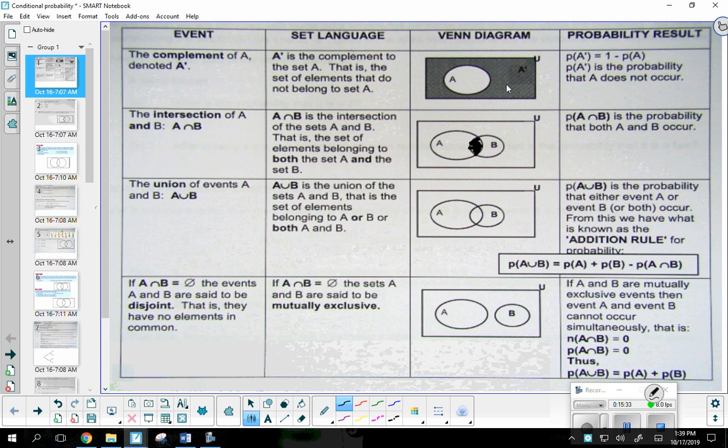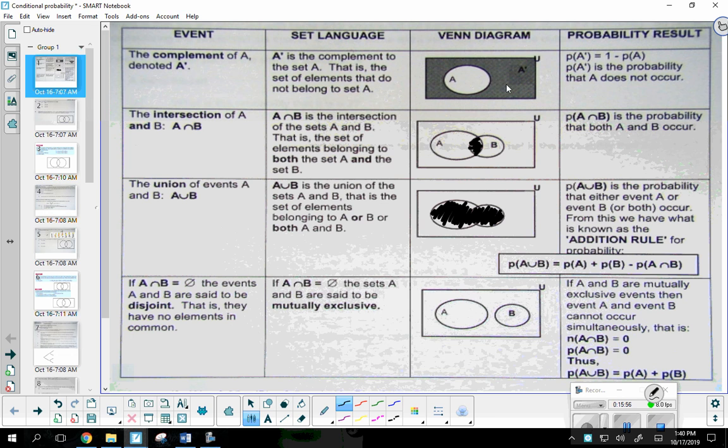The union of events A and B, the union of sets A and B, is the set of elements belonging to A or B, or both A and B. Remember, this is what I referred to as the marriage. What should I shade here? All of A and B. There we go. So nothing outside of those sets. So I'm just going to go ahead and shade these like this.